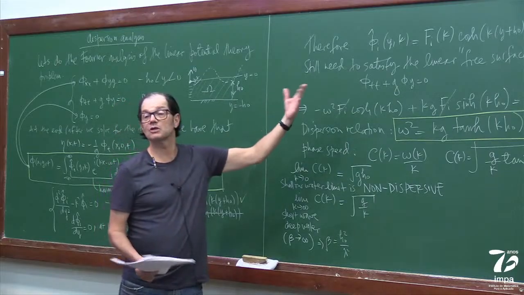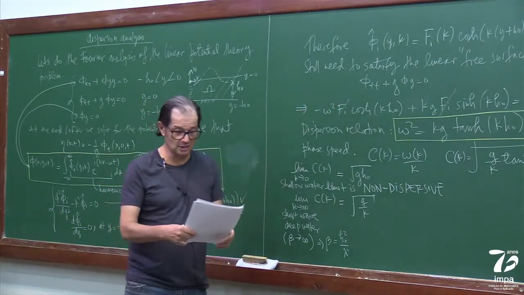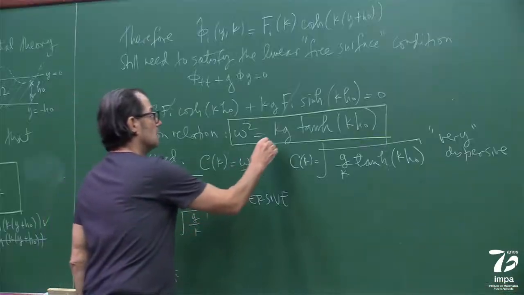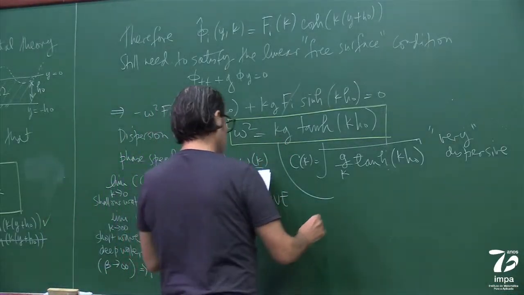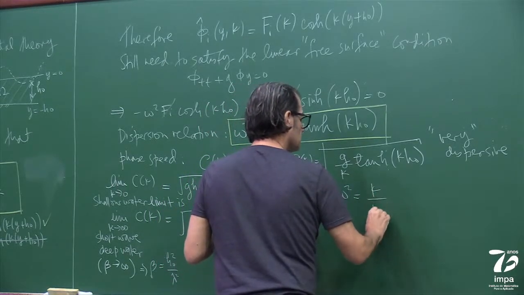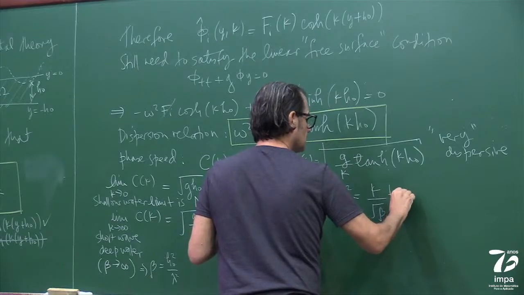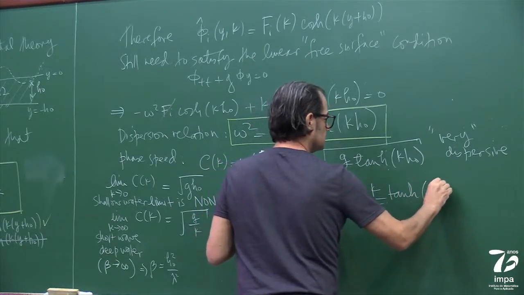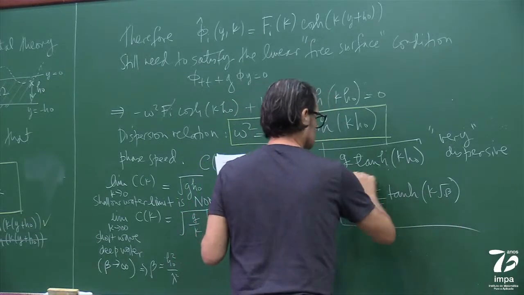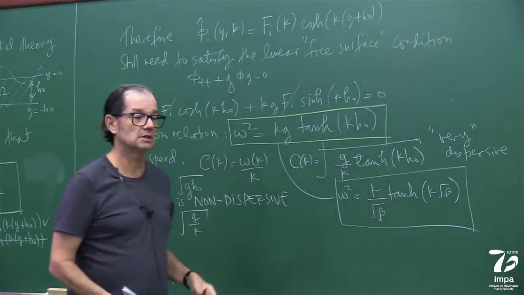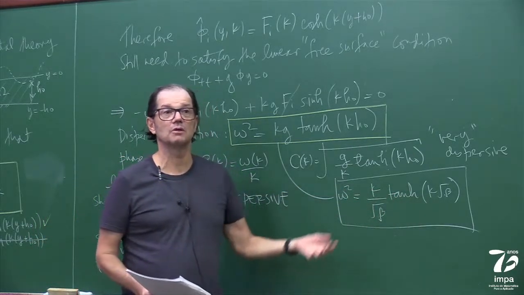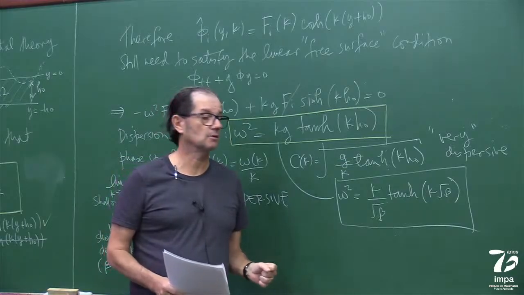So you can, and maybe you should as an exercise, redo this calculation for the dimensionless problem, and you will see that the dimensionless dispersion relation is like this. This is the dimensionless dispersion relation when beta goes to 0 and when beta goes to infinity, okay?